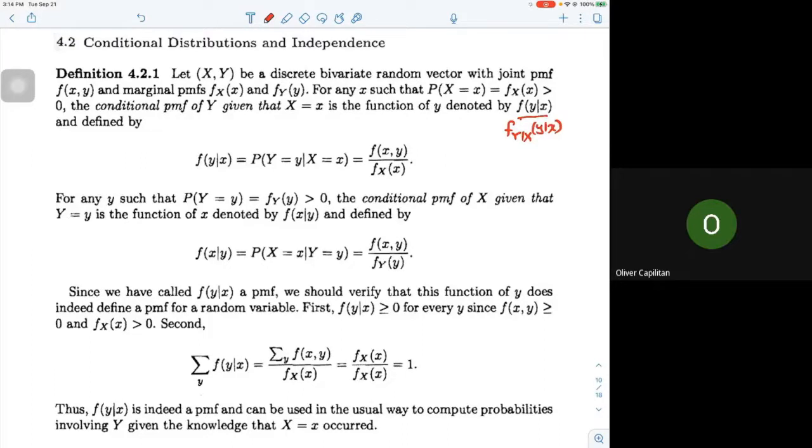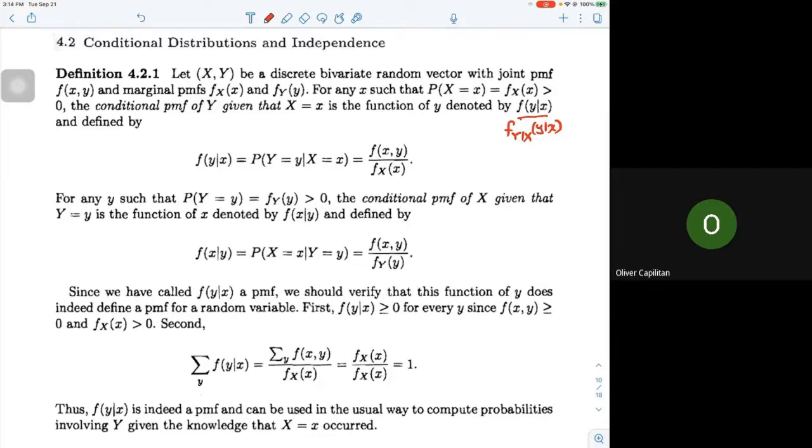This is equal to this fractional expression in which the numerator is the joint PMF of X and Y over the marginal PMF of the random variable X. Take note, we have assumed that the marginal PMF of X is positive.